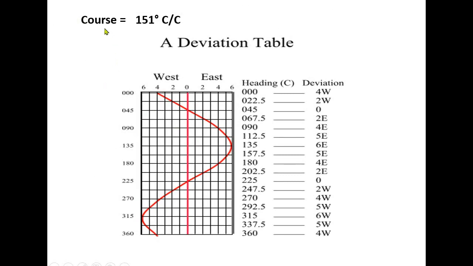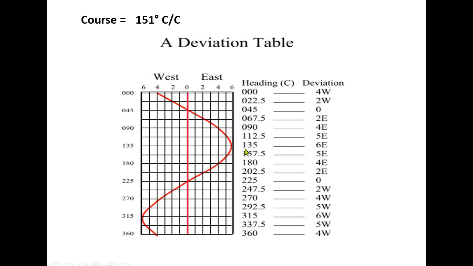So given a compass course, this is the deviation table. All vessels have their own deviation table. This is the heading, this is the deviation, this is the graph from 0 to 360. Sir, there is no 151 heading or course, so we will go to the nearest.